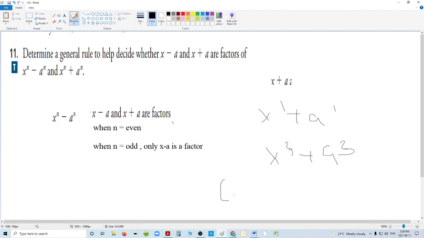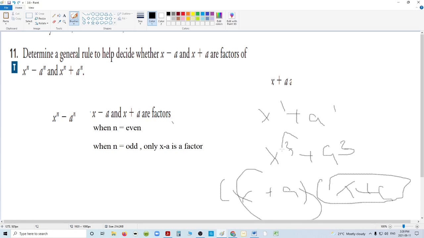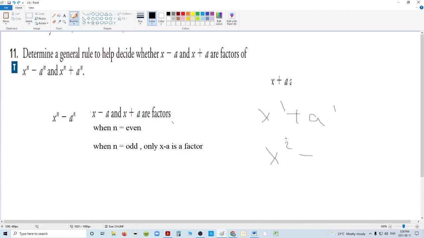Then when we come to x to the cube plus a to the cube, that's a sum of cubes, and I know that x plus a is one of the factors, and then the other factor is not x minus a. You'd have to look it up, but it's a complicated one. And it is not x plus a either, so this is only true when it's cubed. And then back to when it's to the power of 4, we can see that it's not factorable at all.